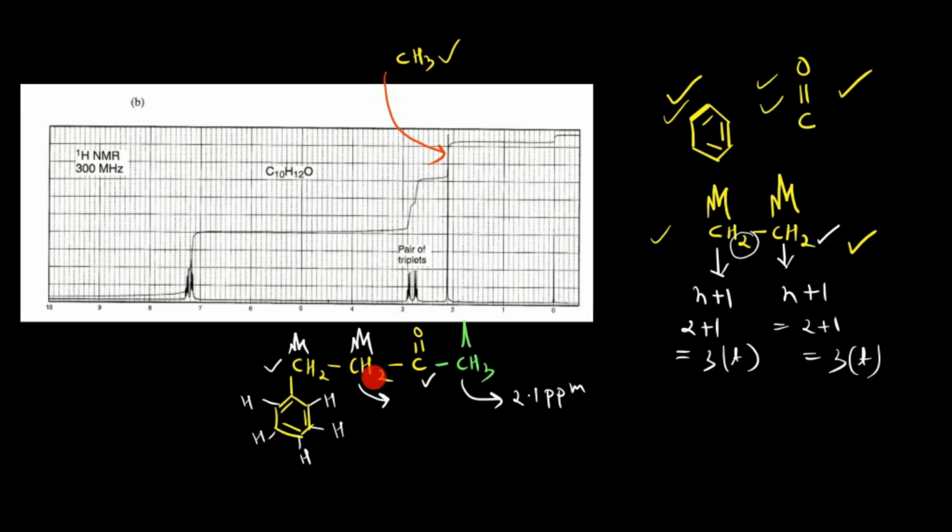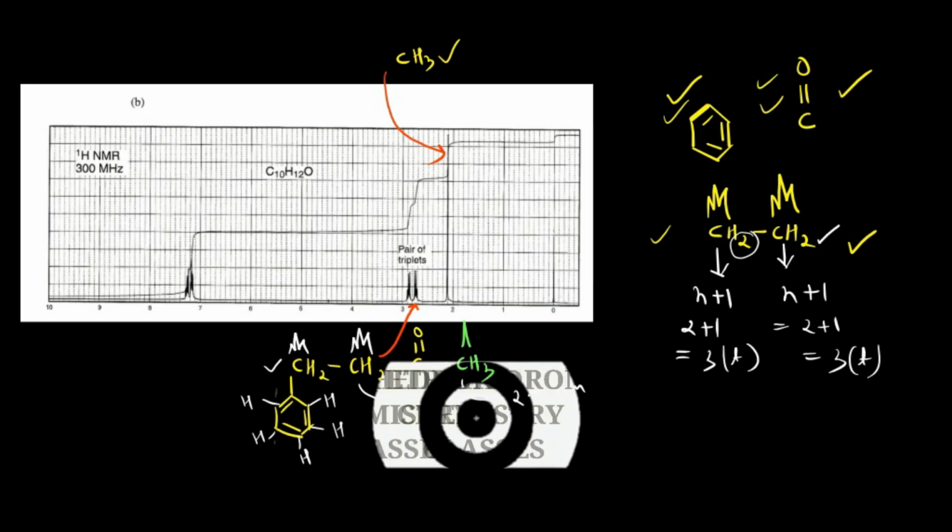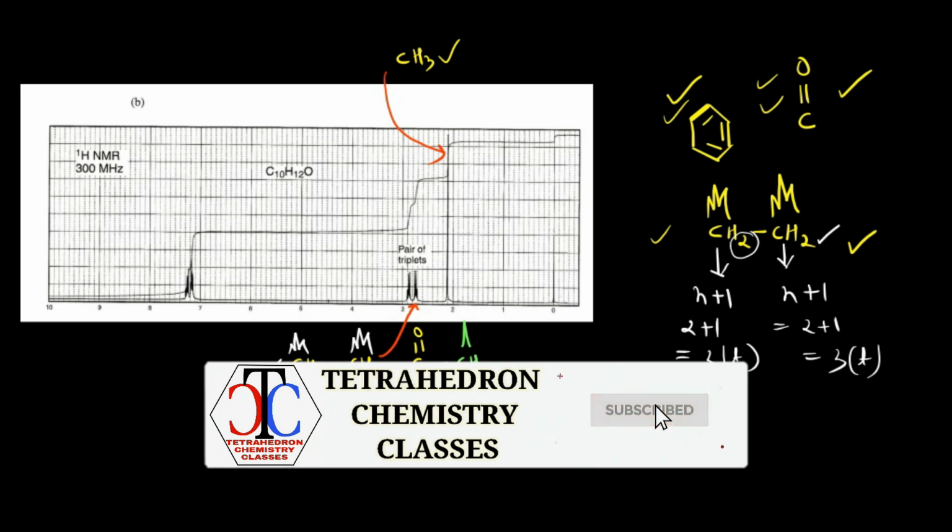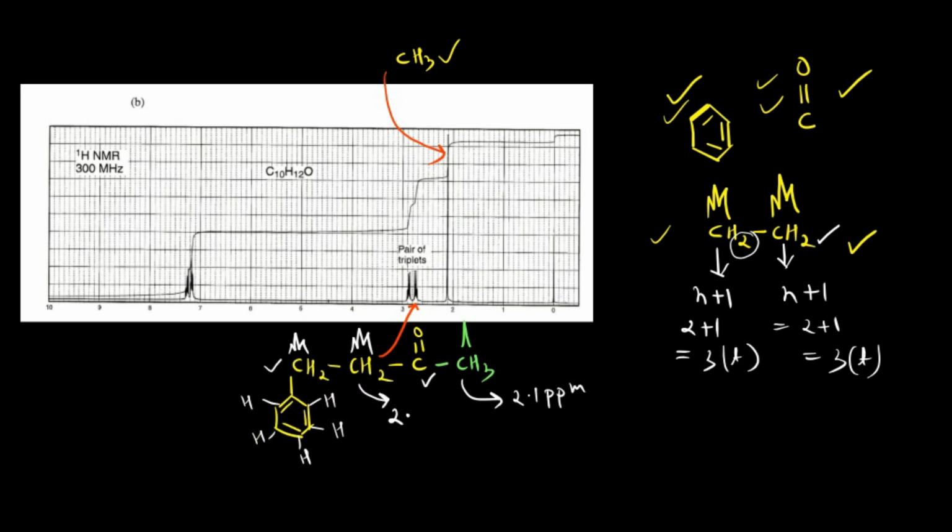So this signal must be the upfield signal. So in the pair, this particular signal, which is appearing a little upfield, not very much, but a little upfield, may be due to this CH2, and the chemical shift may be say 2.6 or 2.7 ppm, just like that.